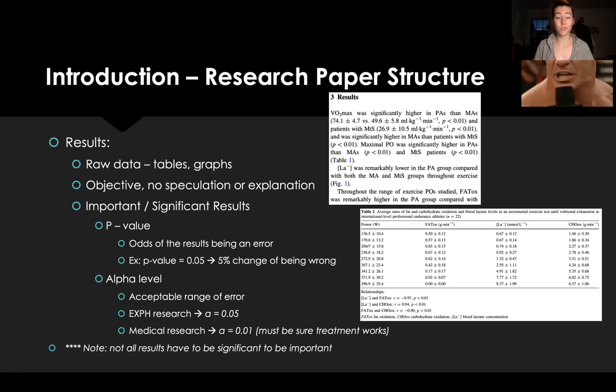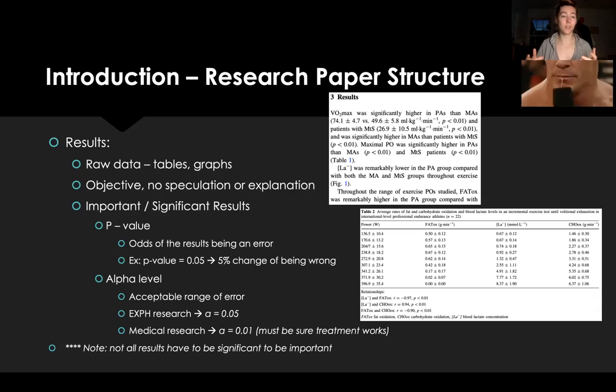And as a note, not all results have to be significant to be important research. So something can be non-significant, but can point to further research being done to determine whether or not that is important or not.